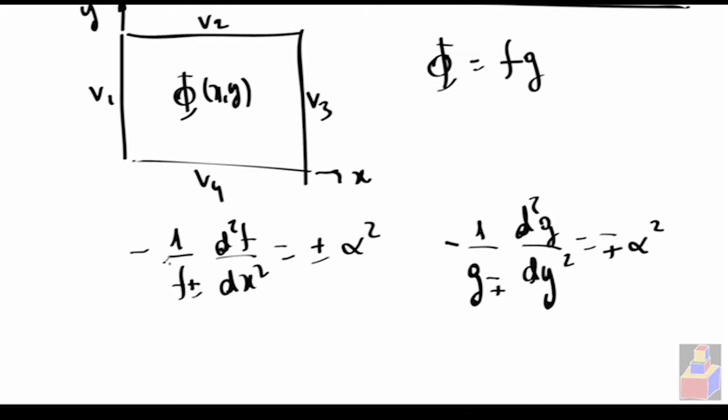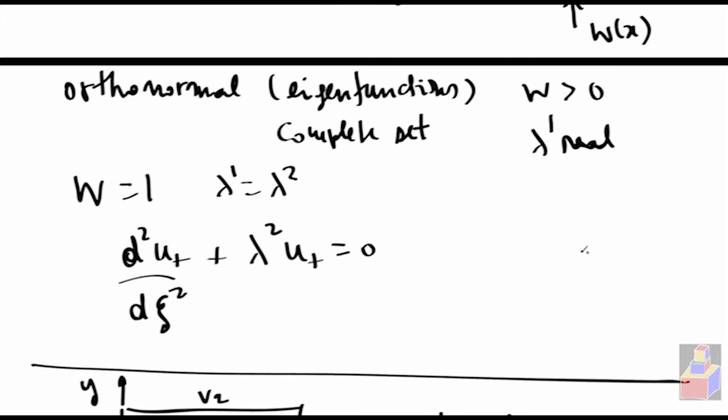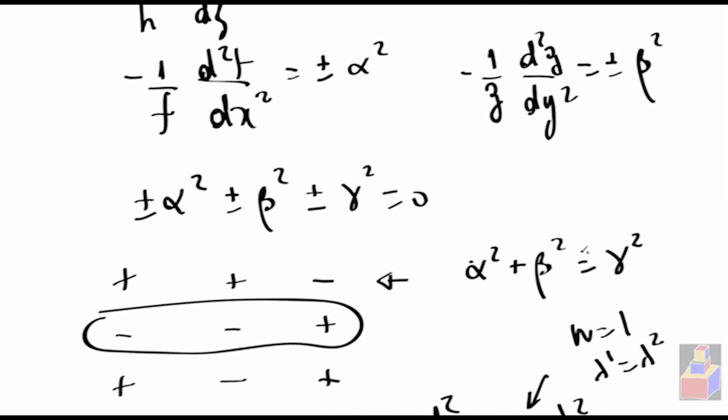Why is that? Because when I sum this term with that term, the result is 0, which satisfies the Laplace equation. Okay? So that's the way we would obtain a solution. We are going to see what are the solutions of these equations. I mean, you know that one of them is going to generate orthogonal functions, eigenfunctions. The other one is not going to generate any complete set of eigenfunctions. So let's see what happens.